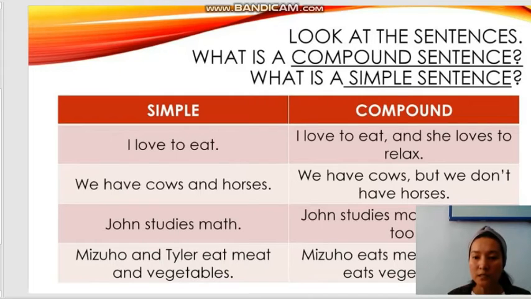In a compound sentence, we use the conjunction and. If we use conjunctions, we can make up compound sentences. Next example: we have cows and horses. We have cows, but we don't have horses. In a compound sentence, both sentences can stand alone.